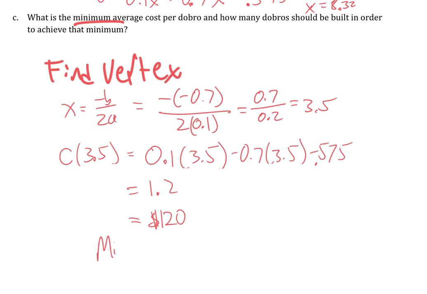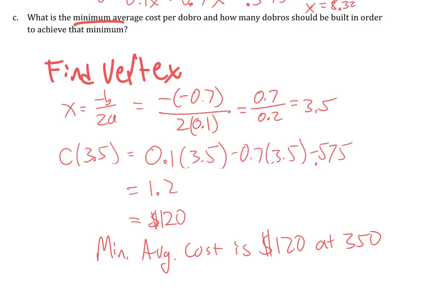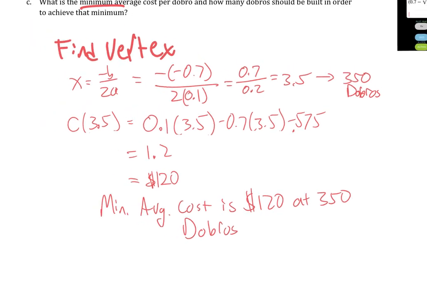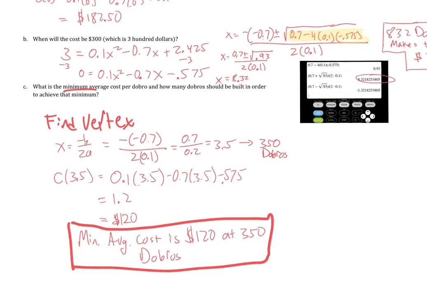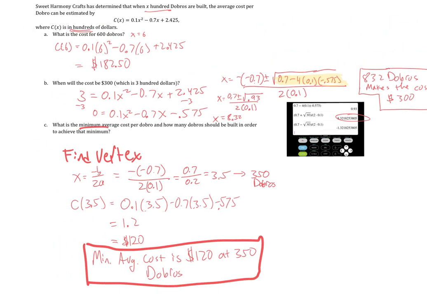The minimum average cost is $120 at 350 dobros. Okay, so 3.5 means 350 instruments. All right, there we go. Minimums and maximums happen at the vertex, and we can solve for x, we can solve for y, like we just did.